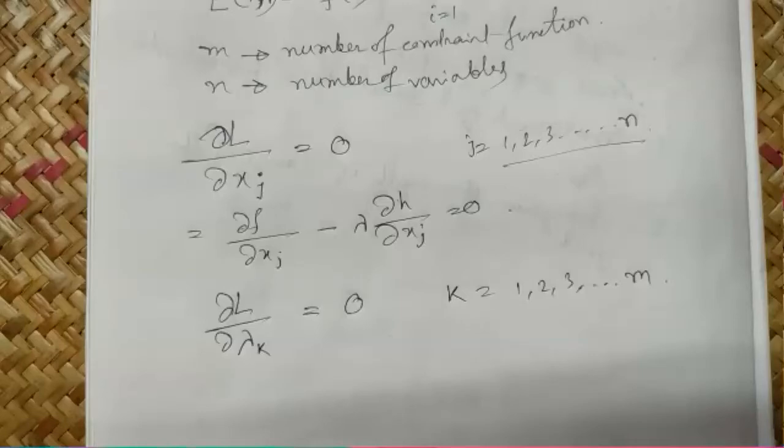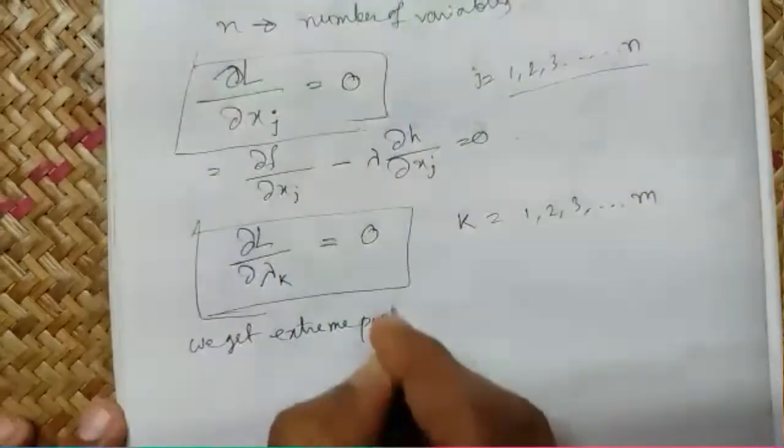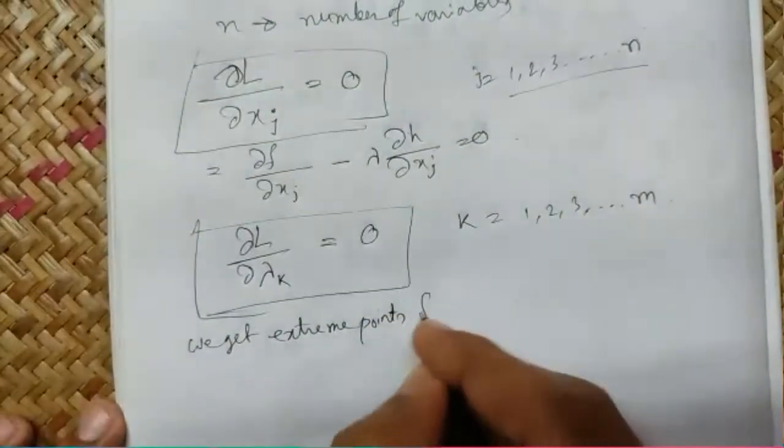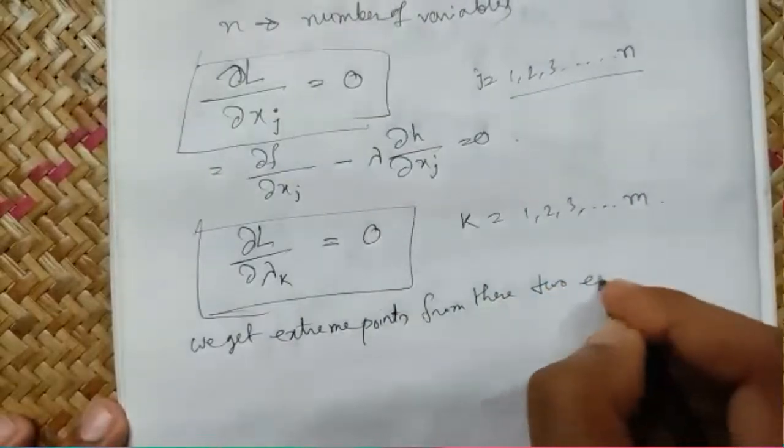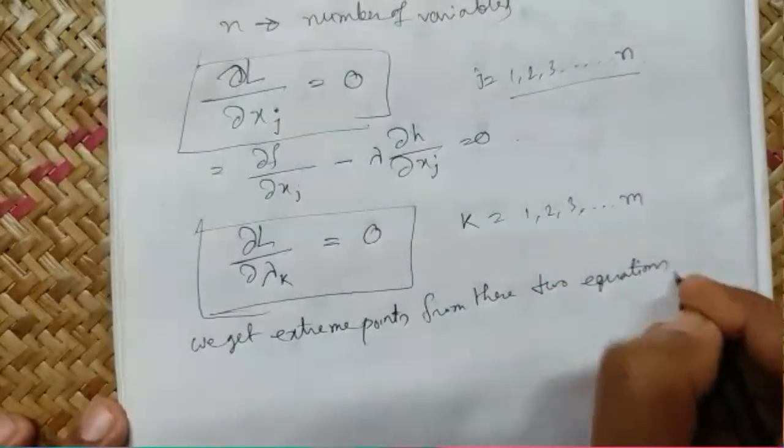Okay, so when we find the x1, x2, x3s, we find extreme points. So we get extreme points from these two equations.